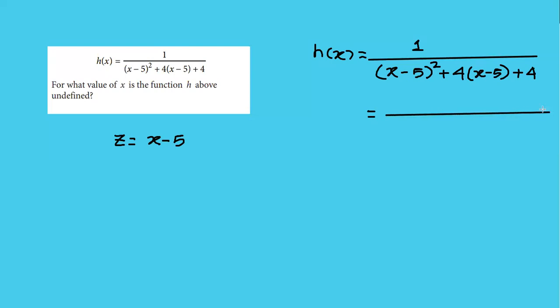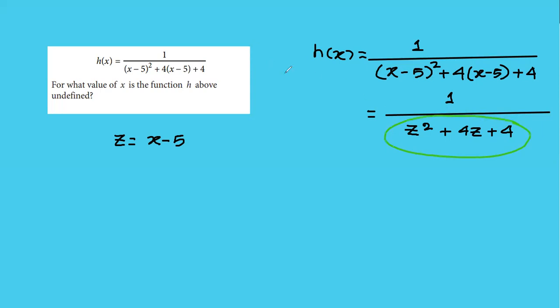In that case, if we substitute z for x minus 5, we will get 1 over z squared, since x minus 5 squared makes it z squared, plus 4 times z plus 4. Now you are getting a quadratic function there. Let's factorize it.